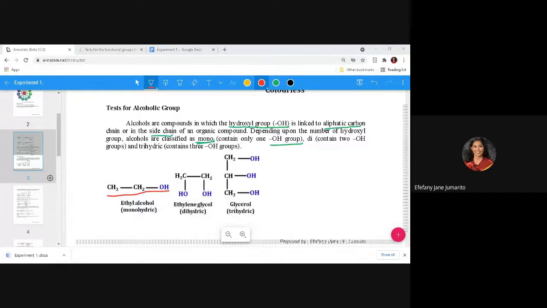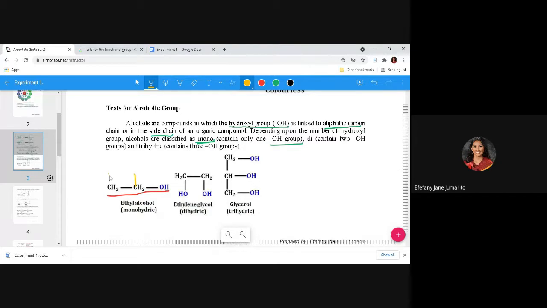Parent chain. Okay, we have Joyce Ann. Monohydric, ma'am. What is the name of that compound in the nomenclature from our lecture class? Give me the parent chain. Prop, ma'am. Prop? Bute, ma'am.